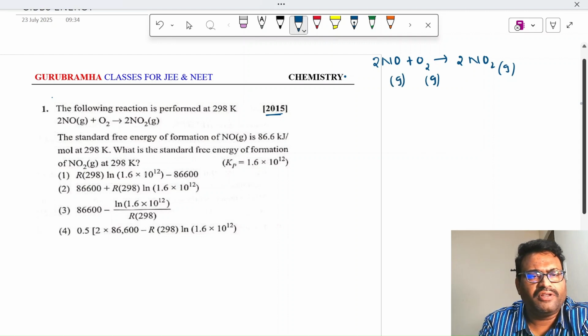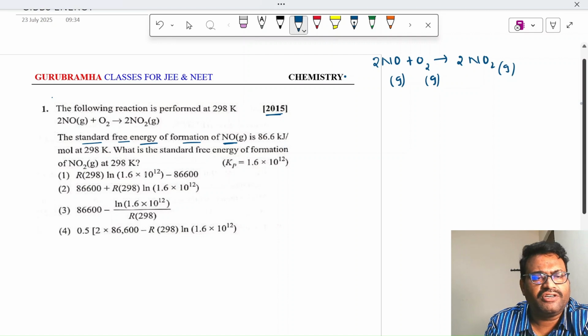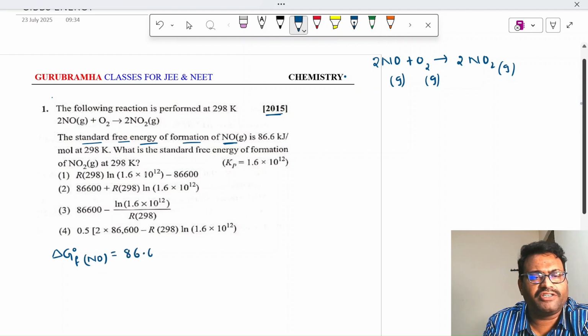The standard free energy of the formation of NO. How do we represent standard free energy of the formation? We represent it as delta G_f naught. So what is given for NO? It is given as 86.6 kilojoule per mole.